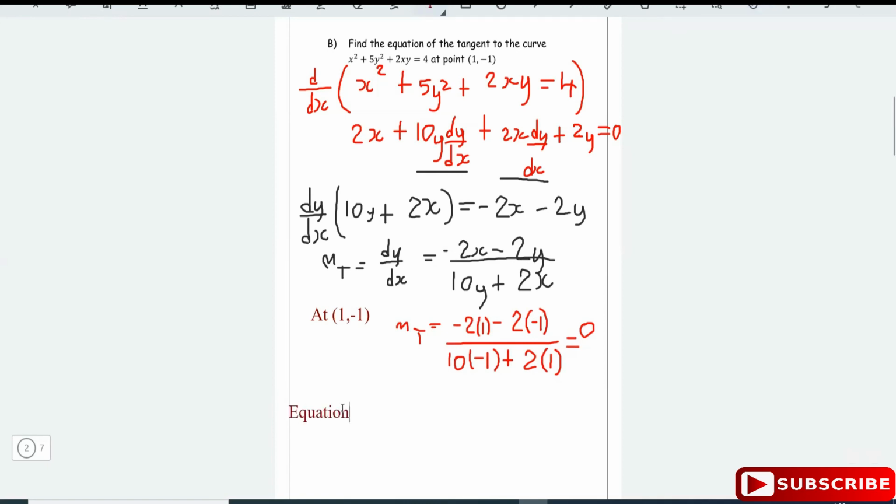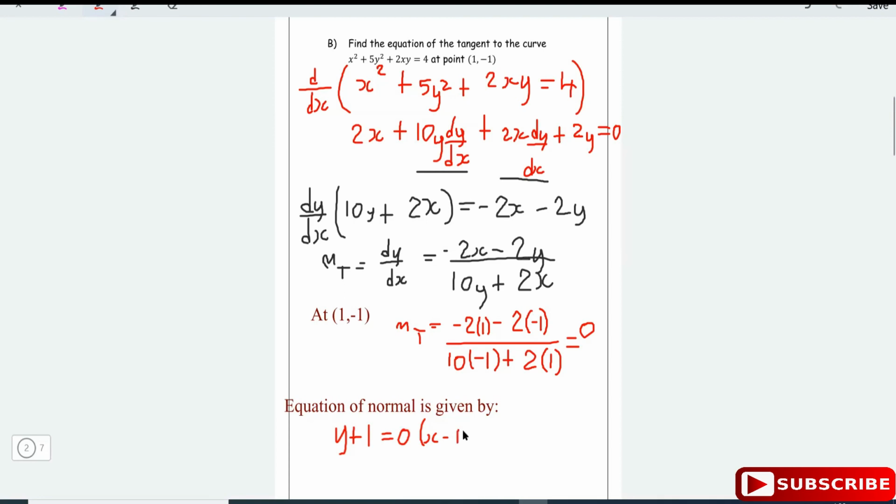The equation is going to be given by y minus y1, so it's y minus minus 1, which is y plus 1, and that's going to be equal to the gradient of the tangent, which is 0, times x minus 1.